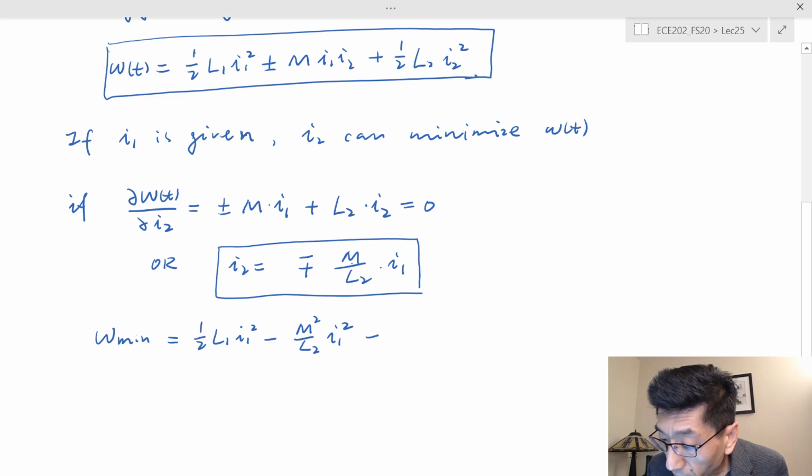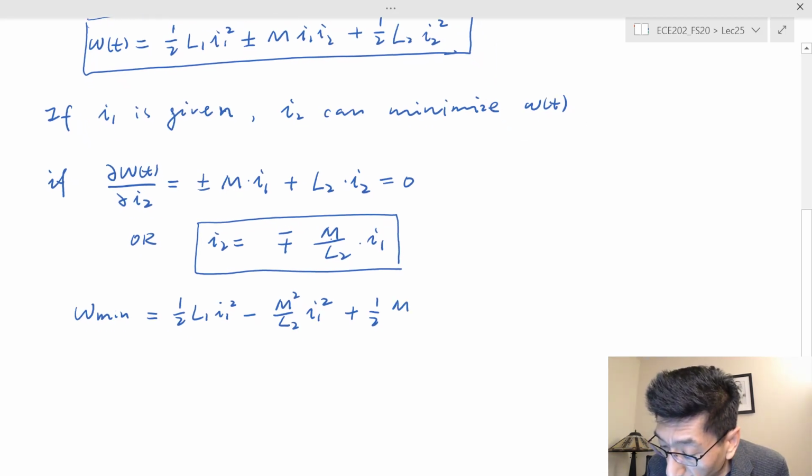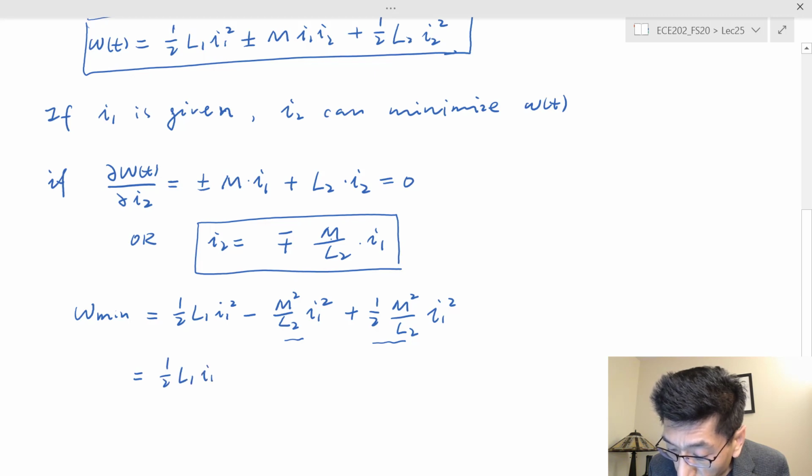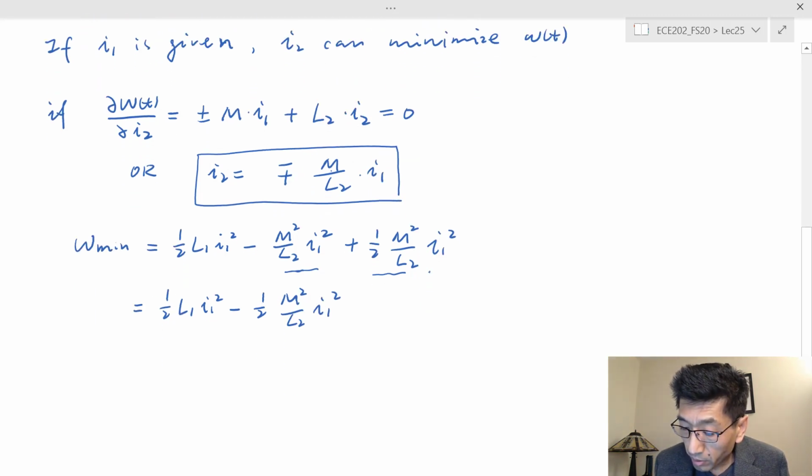And also I have plus half L2 times M squared over L2 squared, which is M squared over L2, because one of the L2 cancels on the denominator, and then I1 squared. So this should be equal to half L1 I1 squared minus half M squared over L2 I1 squared, because these two terms are the same, and minus 1 plus half is negative half.